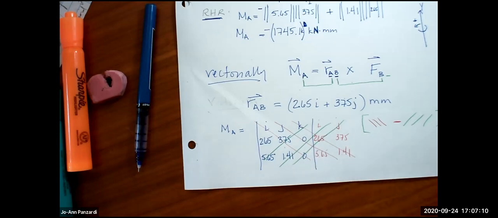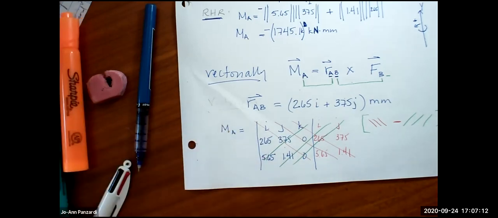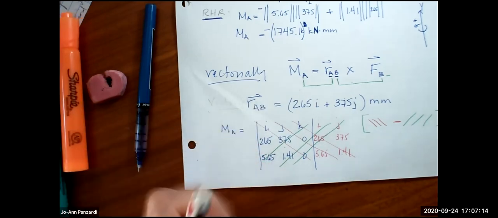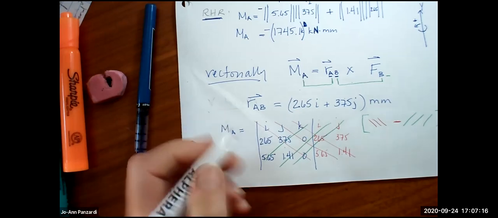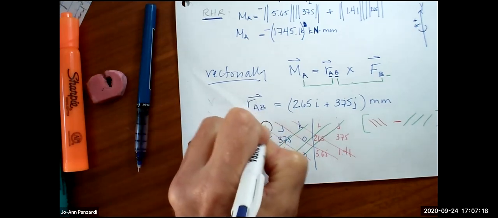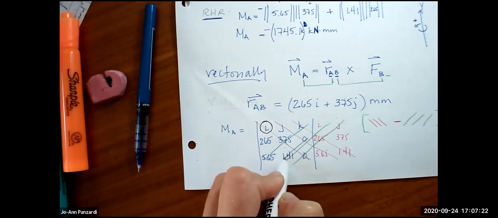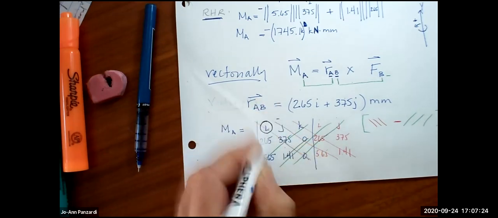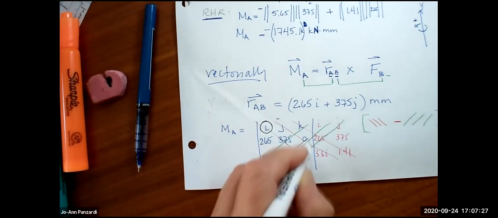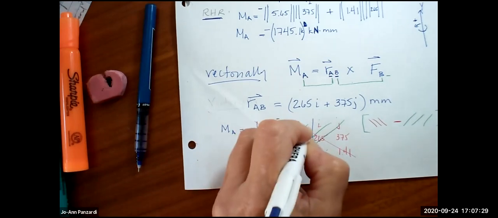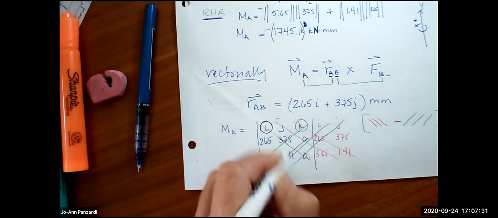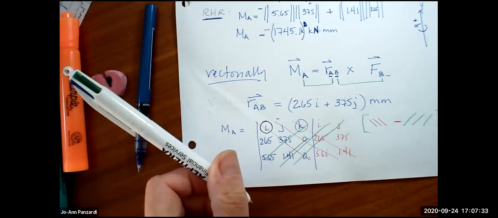Another way, which probably more of you do, is you take a look at the I, and you do the determinant here, and then you subtract the J determinant of this and this and this and this, and then you take the K, and you do this and this. Is everybody following what I'm saying?